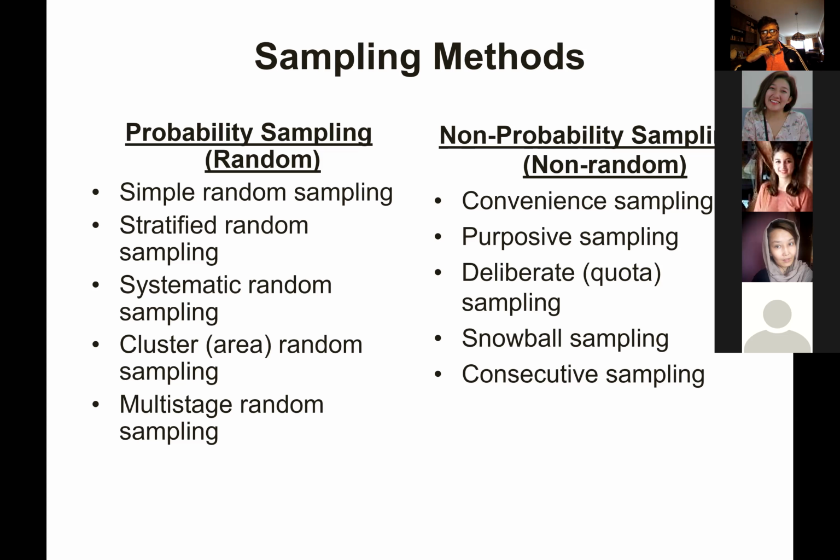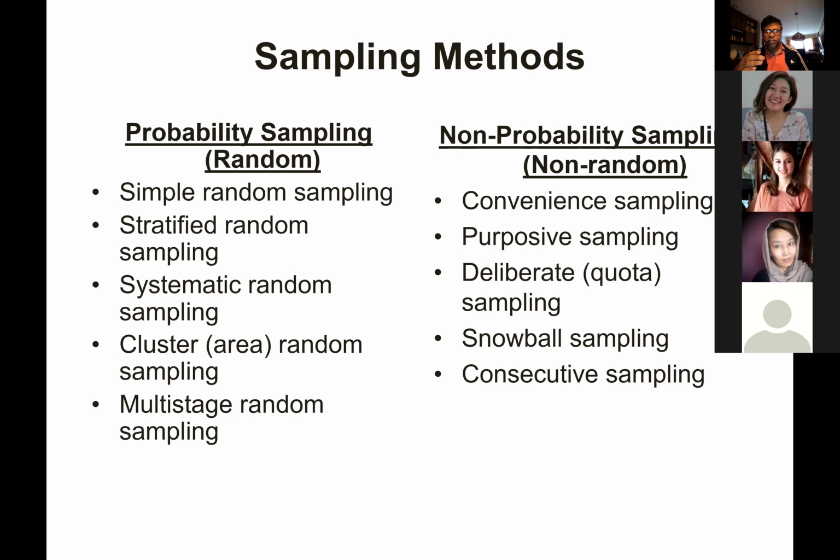That's true. For example, quota is something like if you set 20% from one district, another 30% from another district, another 30% from another district. If you set a criterion that you must have a certain percentage of the sample from a certain group, quota sampling is possible by men and women, boys and girls.